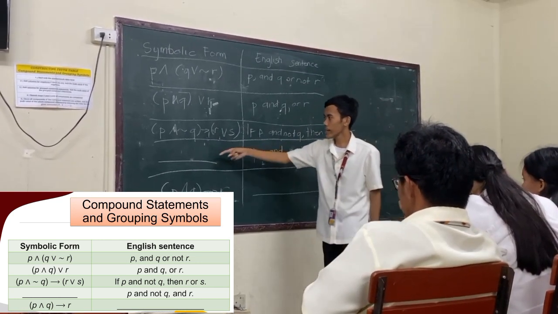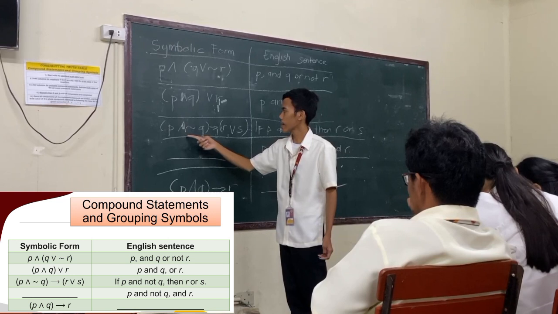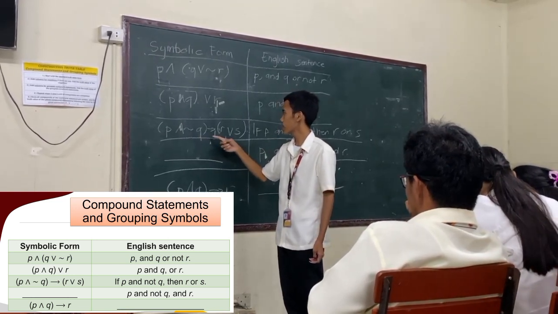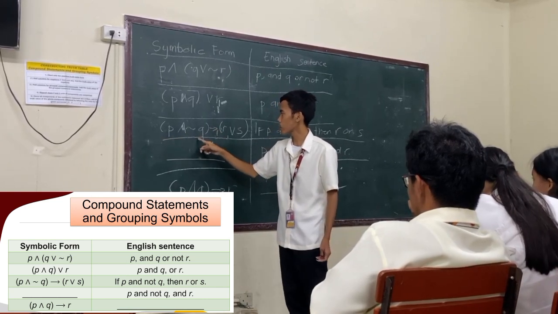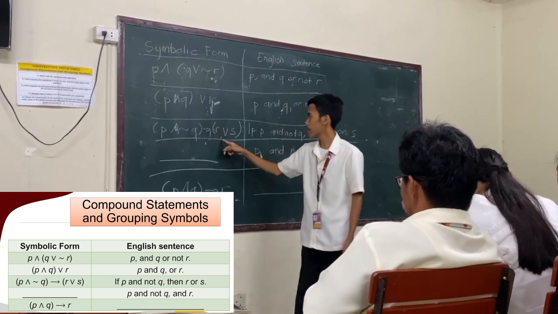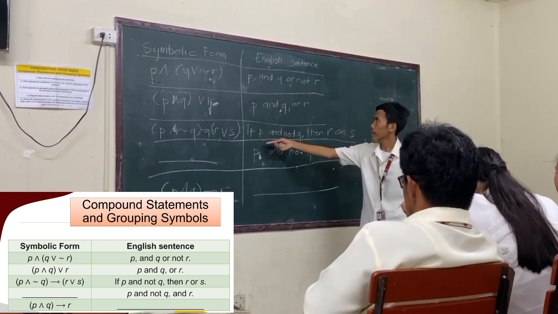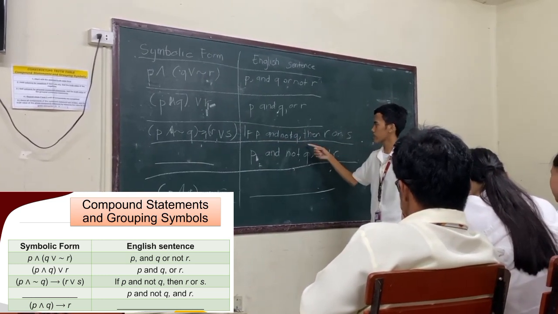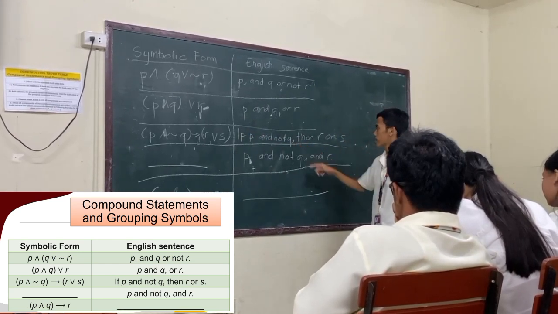So here in statement number 3, P and not Q, if P and not Q, then R or S. Sa English sentence, pinaghiwalay silang dalawa using the comma.